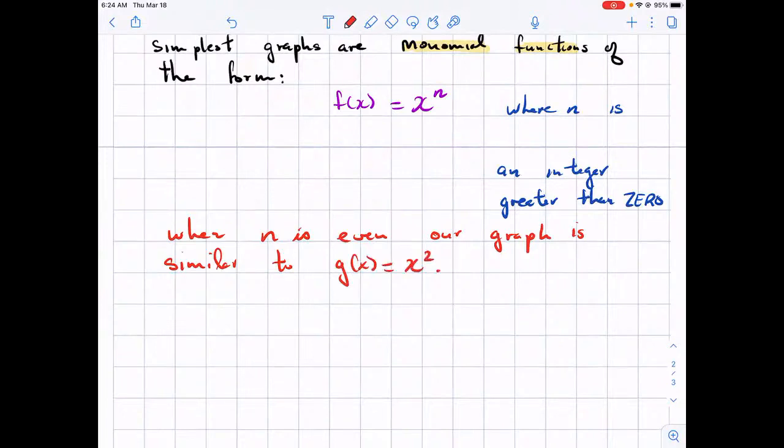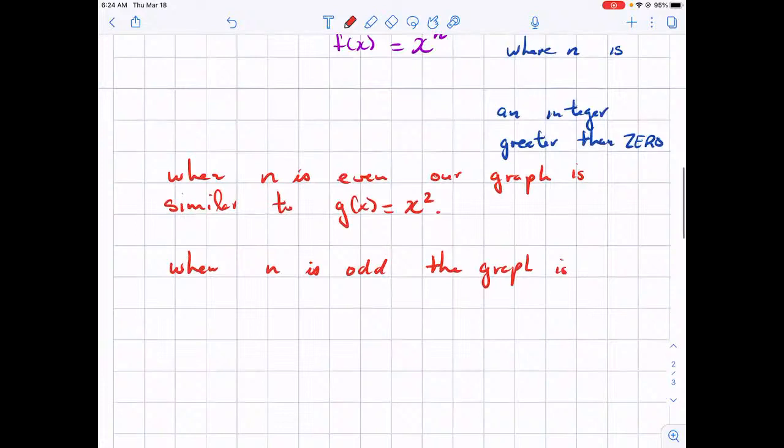And when n is odd, the graph is similar to h of x equals x cubed. Let me just show you two pictures of that.